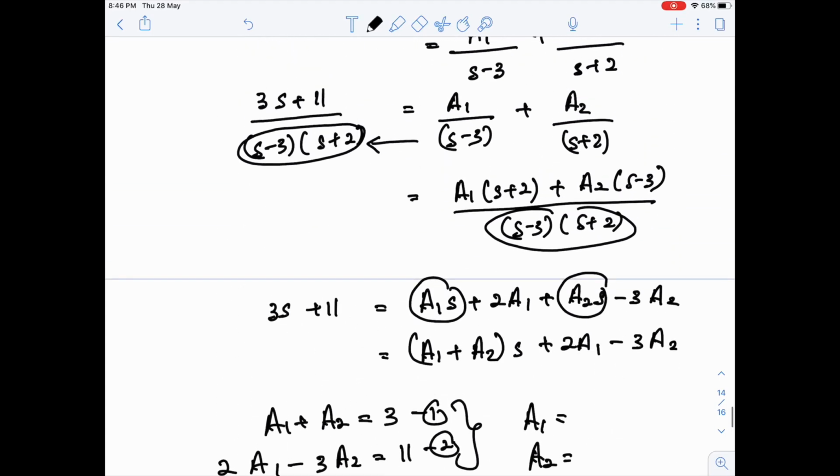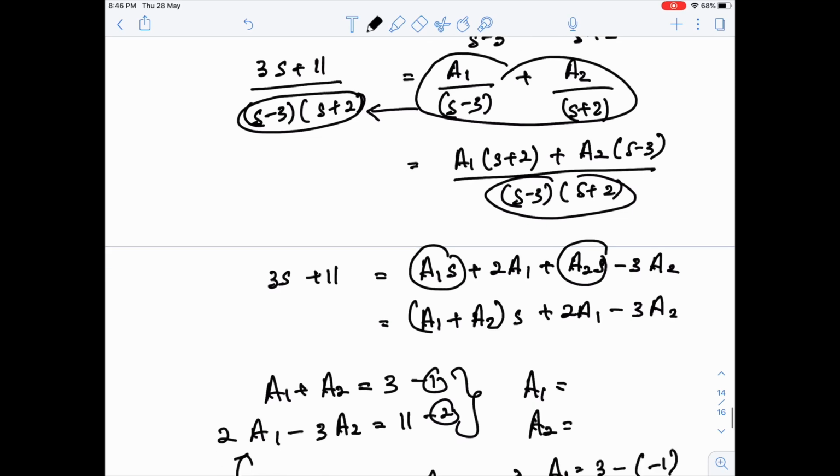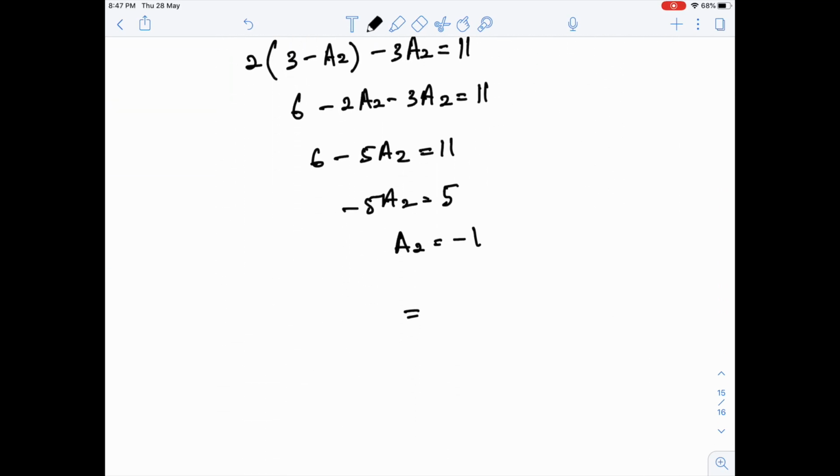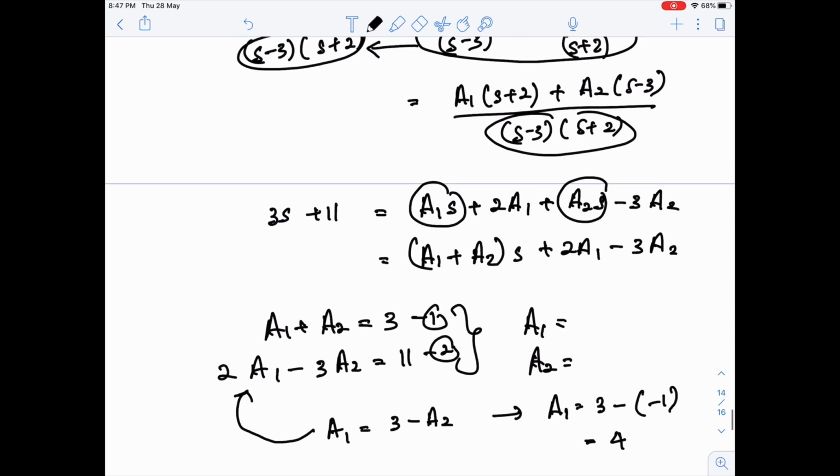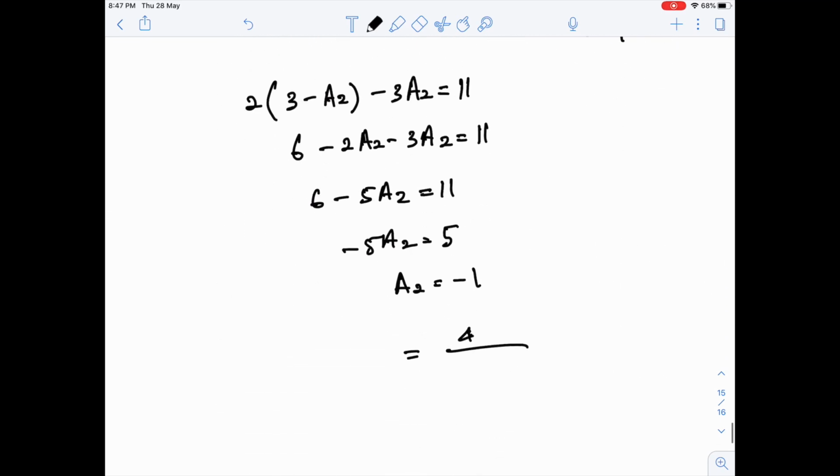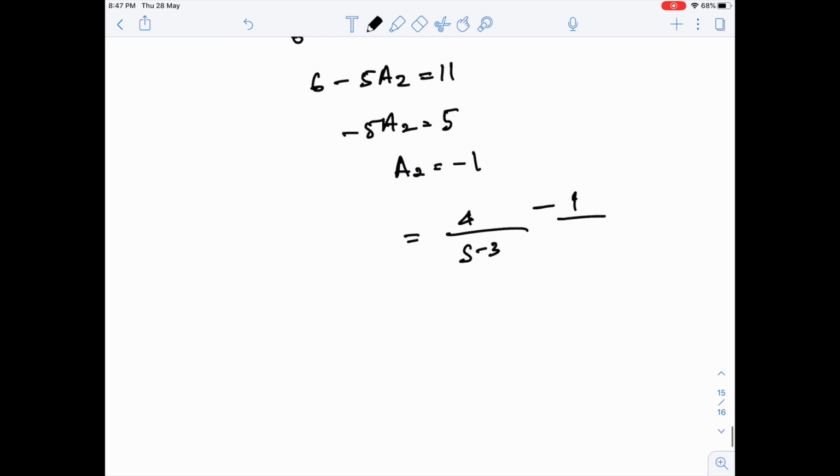Now you insert back into the equation, where a1 is 4, so you have 4 over (s minus 3) minus 1 over (s plus 2). Then you just need to take the inverse Laplace of this expression.